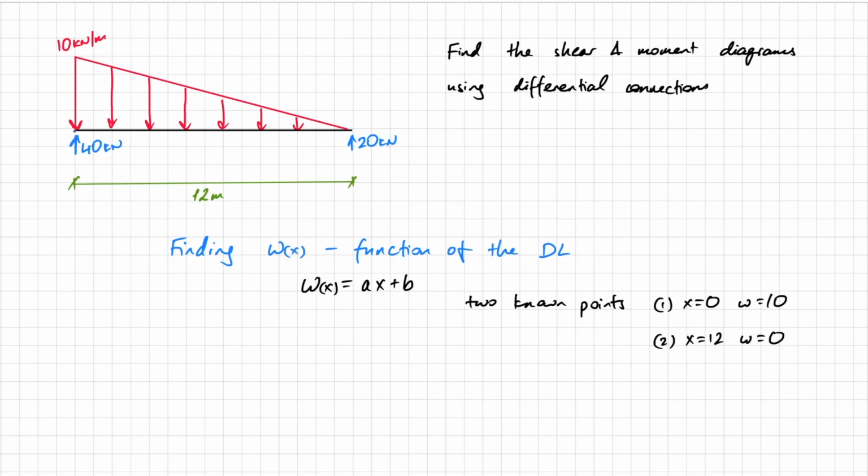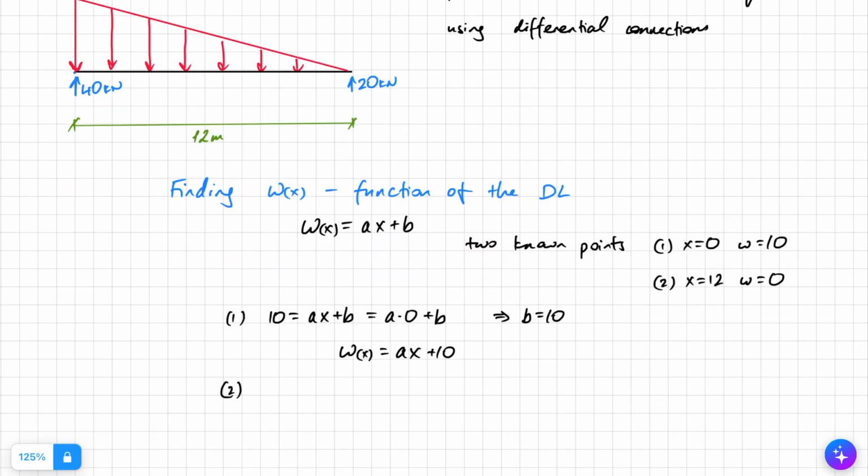And we'll just substitute those points in to find out the function of the distributed load. So substituting the first in, I get 10 equals a times 0 plus b, and therefore b equals 10. So I can write out my distributed load now as ax plus 10. Now I can substitute in that second point.